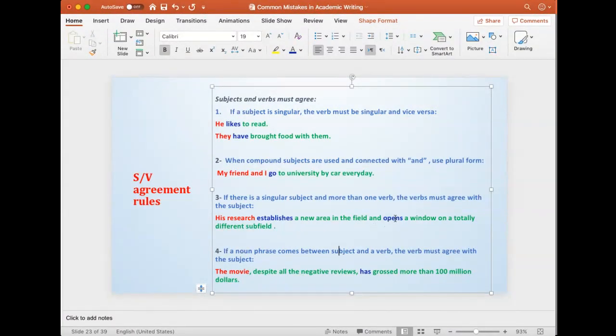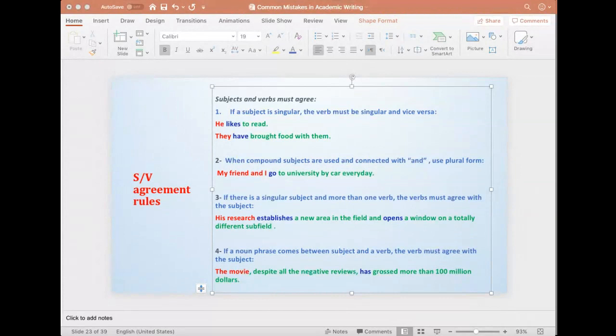And opens, why did I use it in this format? Because I have one subject, his research, establishes, and opens. Okay. Sometimes students might forget what is the subject if the sentence is a little bit longer and they have two verbs, but they have to reread what they have written so they can make sure, okay, that each verb agrees with that subject.